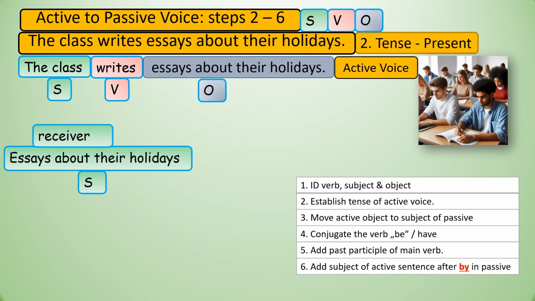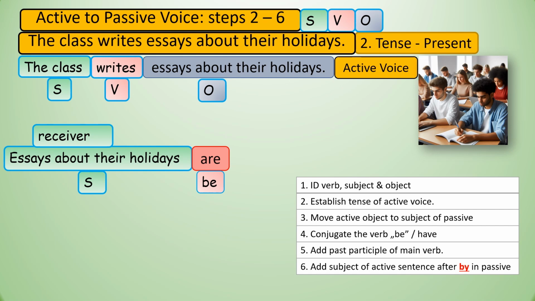Now we're ready to start laying out the parts of the passive voice. We start with what was the object of the active voice. That now becomes the subject of the passive voice. Essays about their holidays are, why? Because this subject now is plural.